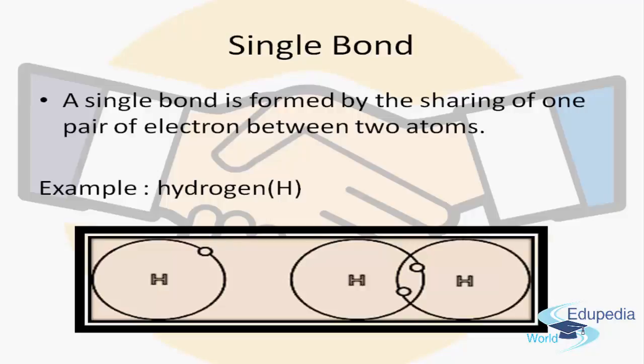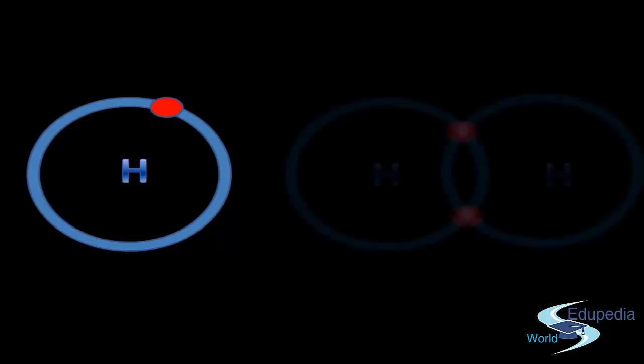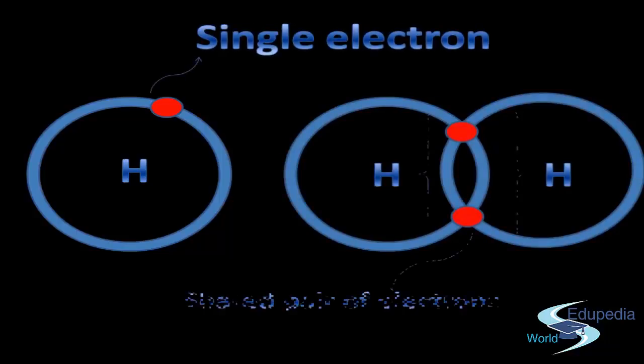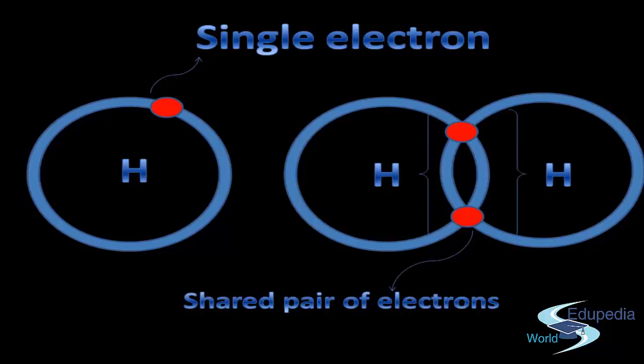Now let's come to the example. Like this is hydrogen with the one single bond, and these are the sharings of electrons. So we say that the shared electron pair is always drawn between two atoms.